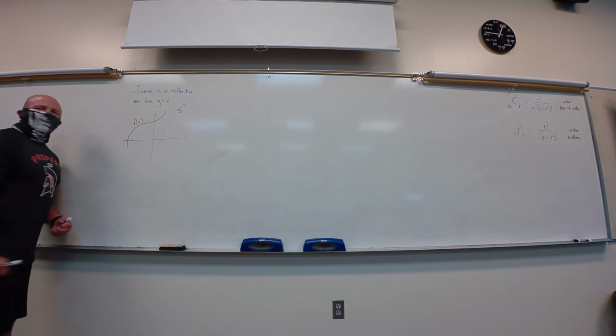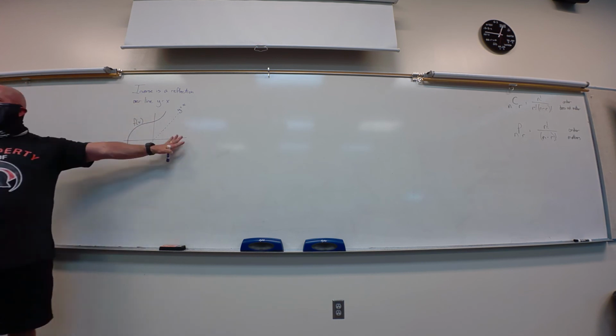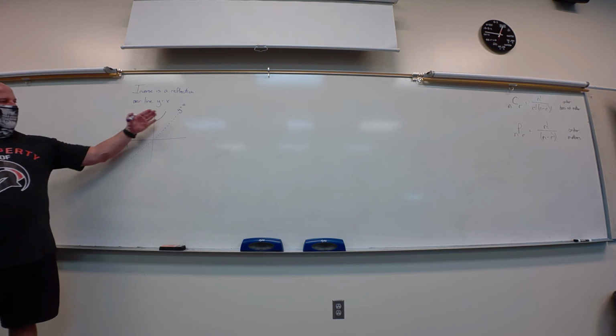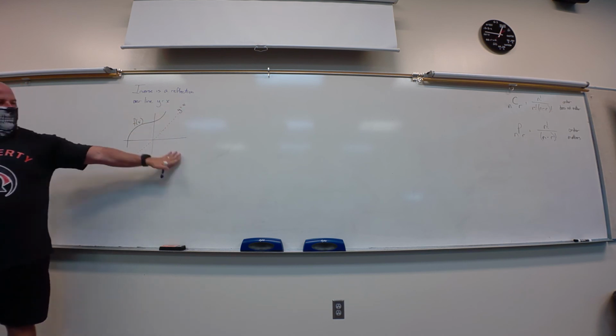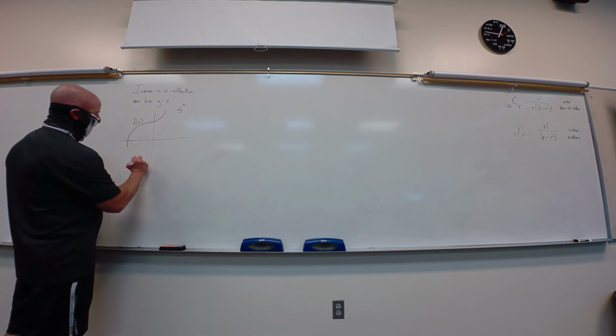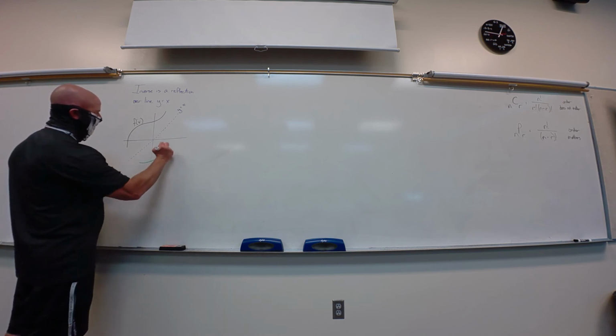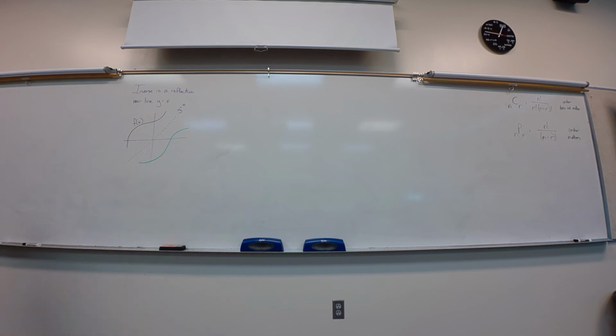If I reflect this over, that means kind of visualize this thing here flipping over that dotted line. Like if you were going to fold a sheet of paper right on that, what would the mirror image look like? The mirror image looks something like this. Again, I am not the best drawer, but something along those lines, probably down a little bit further, but you get the idea.